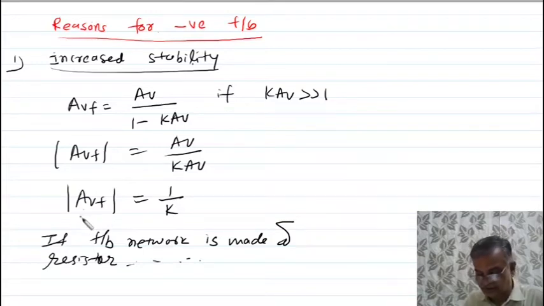So the amplifier circuit with feedback is more stable compared to the amplifier circuit without feedback network. In this way we can say that stability of the circuit increases.